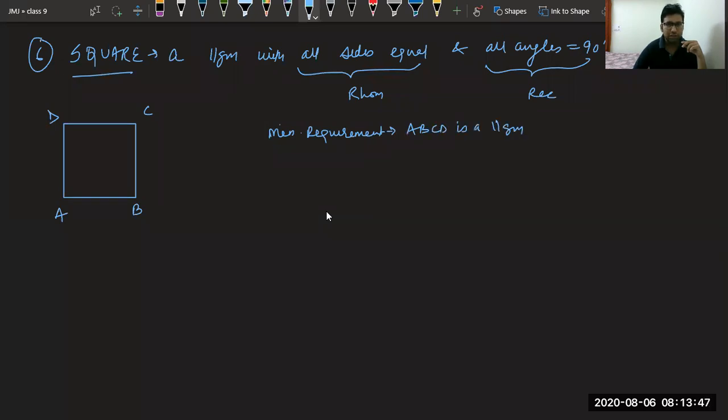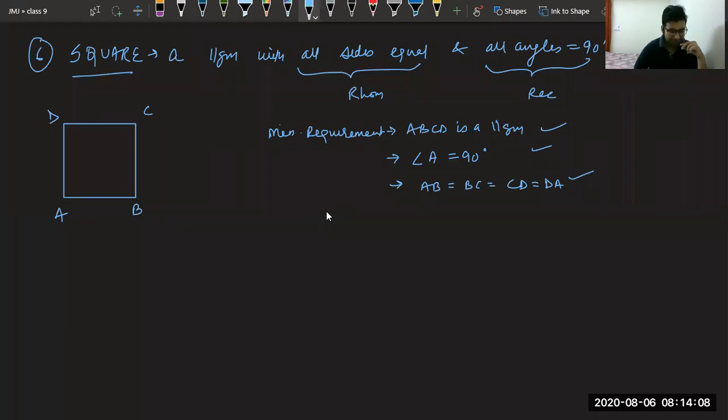Second thing, you have to prove angle A is equal to 90 degree, that is, any one angle you can prove 90 degree. And third thing, you have to prove AB is equal to BC is equal to CD equal to DA. If you prove these three things, you can say any given quadrilateral is a square.